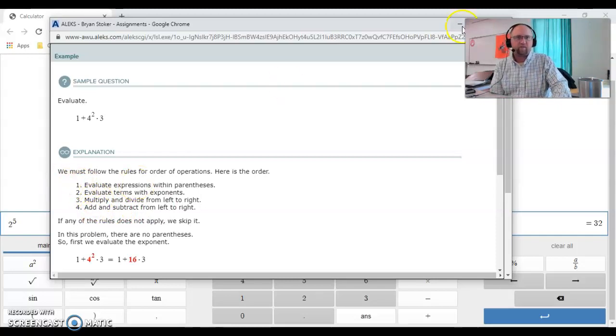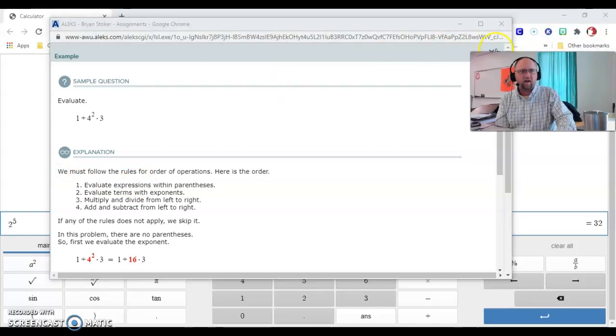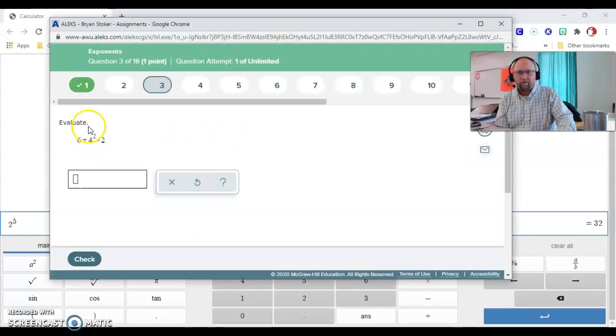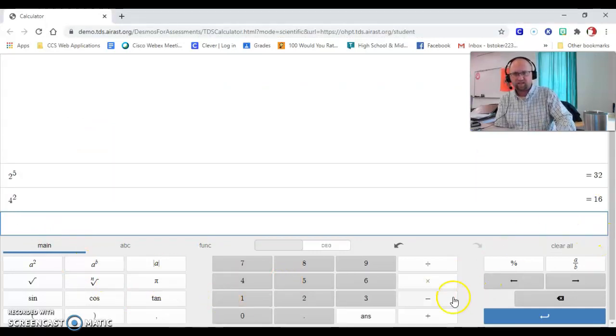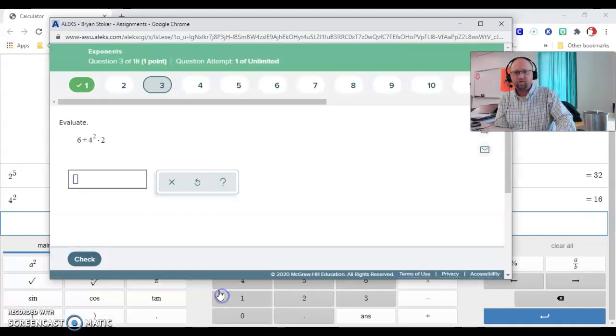So the first thing you have to look at is, are there parentheses of any kind? And if there's not, then you don't evaluate them. Then what you do is you evaluate the exponents. So first thing I'm going to do is 4 squared. So I'm going to do 4 to the 2nd power, and that gives me 16. Then I have to do any multiplication or division that I see.